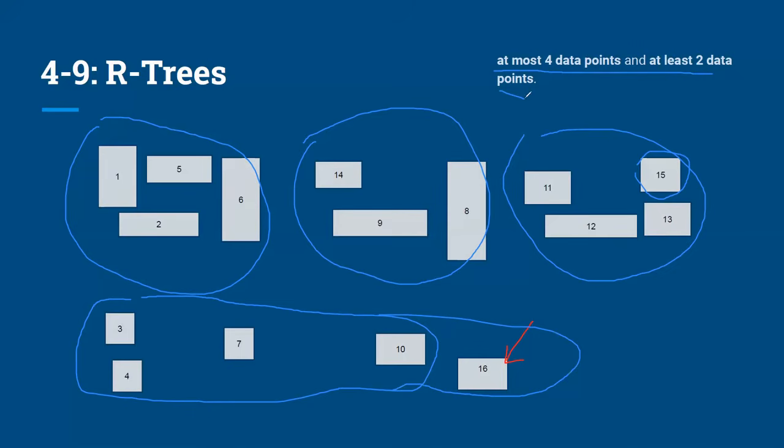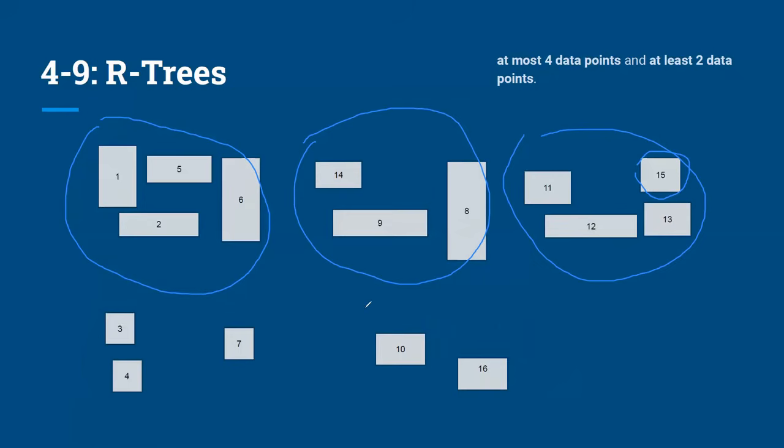We've now got how many points in this group? 5 points, which doesn't match our design. So how could we fix that? Basically, we would split that group into 2. It makes sense that those would be the 2 new groups, right?